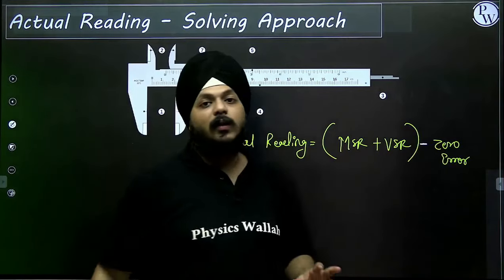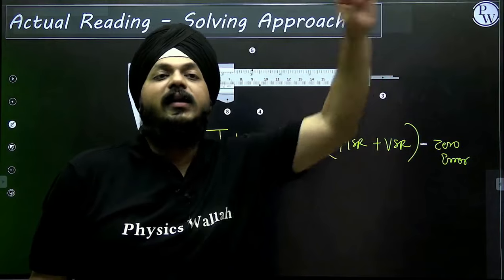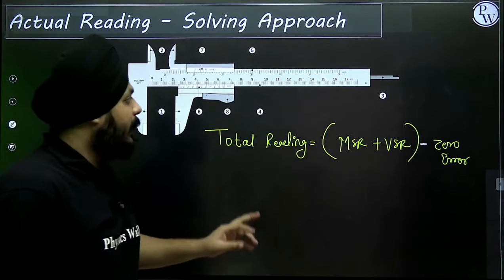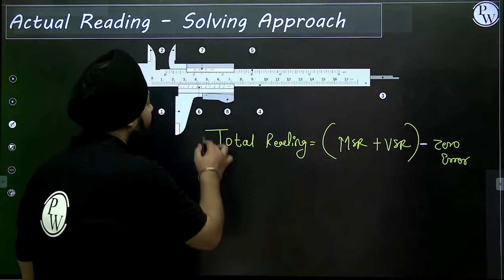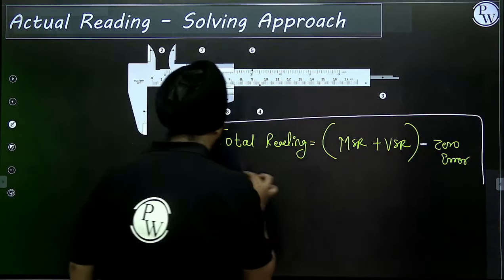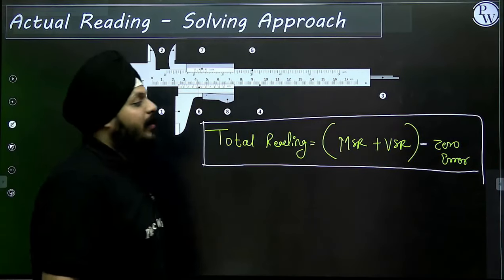I wrote it because many students have confusion, as in many resources it has been taught differently. But this is the actual formula, that's why it is written in a different color. The total reading equals MSR plus VSR minus zero error.